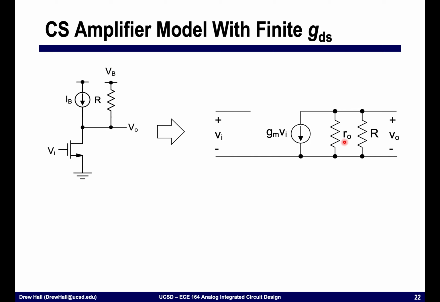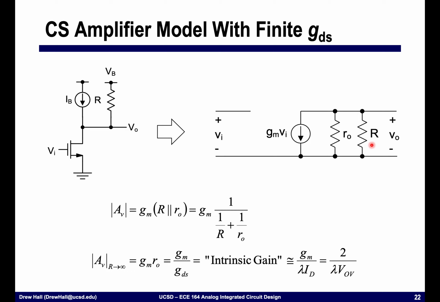And so the R0 and the R end up in parallel here. And so if I was to write the gain, that is, if I wiggle this input voltage, how much does the output voltage wiggle? It's equal to the transconductance times my input. And this current gets dumped into the parallel impedance of these two resistors.